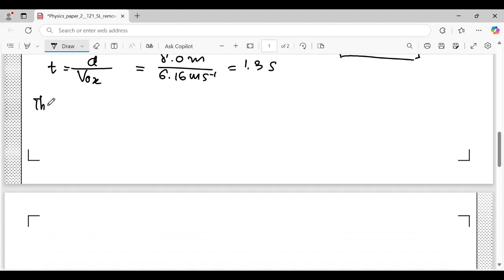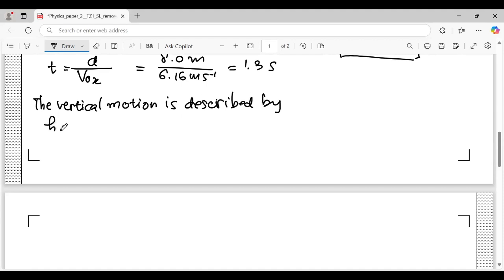The vertical motion is described by the equation h equal h0, or initial h, plus v0y times t minus half g t squared.